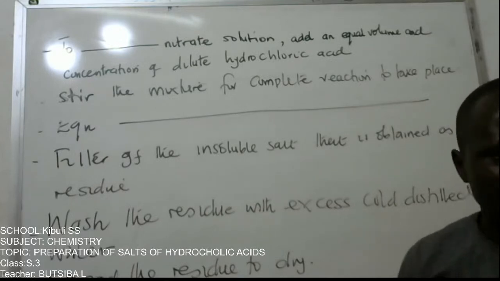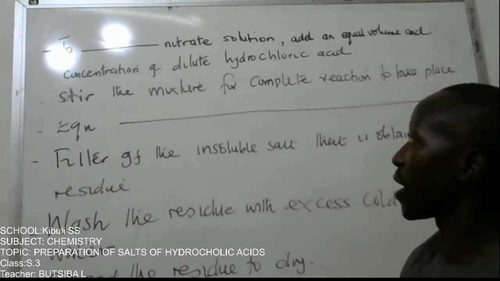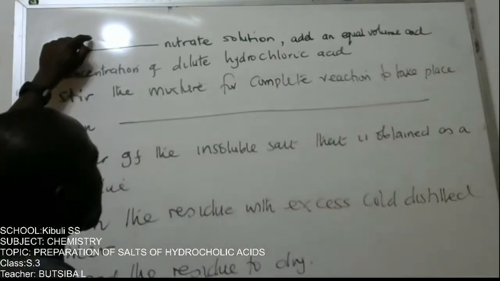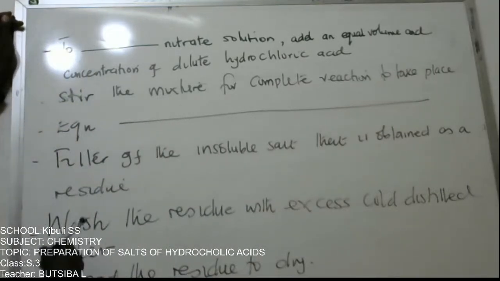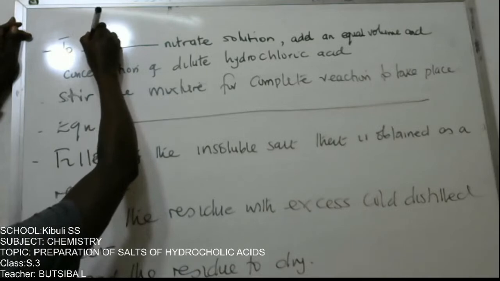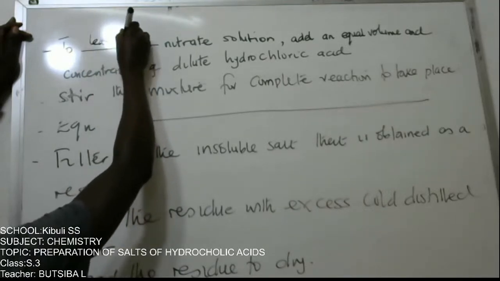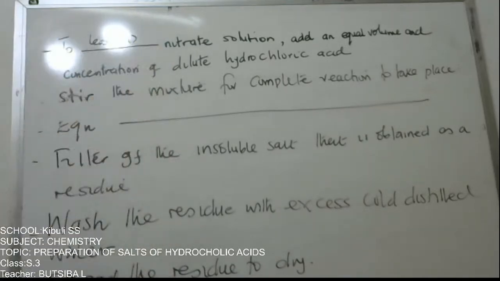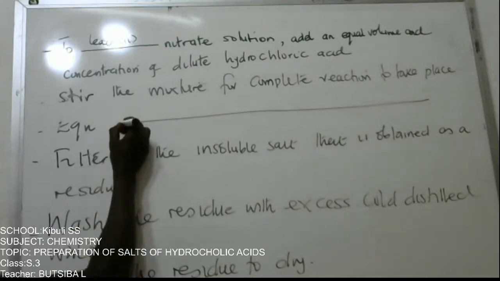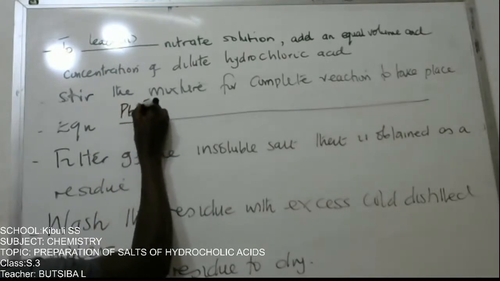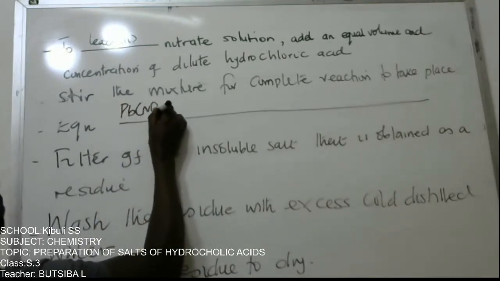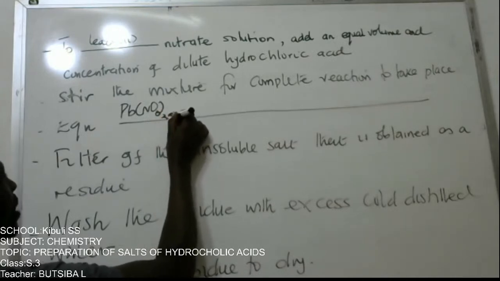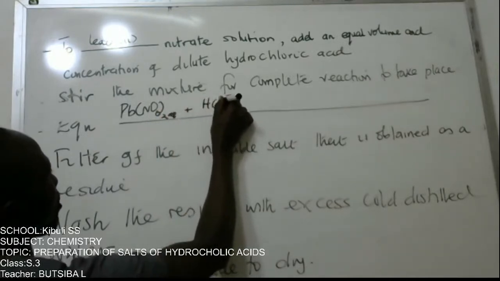So if I want to prepare lead 2 chloride, what do I put here? Lead 2. The word nitrate is already there. Solution. So what will be my equation? My equation will be lead 2 nitrate, which is aqueous, plus hydrochloric what?